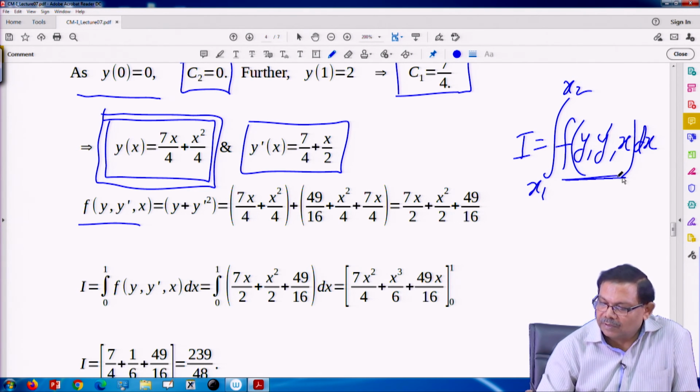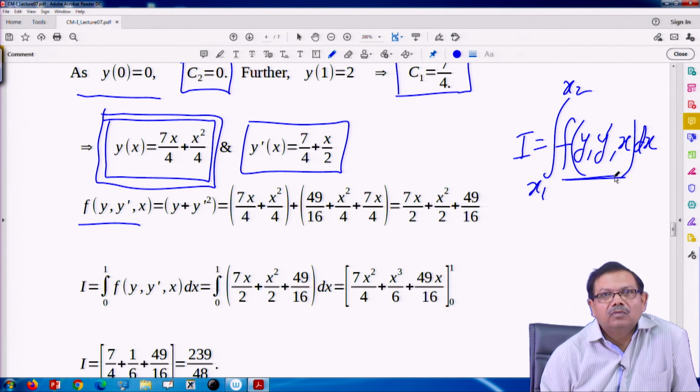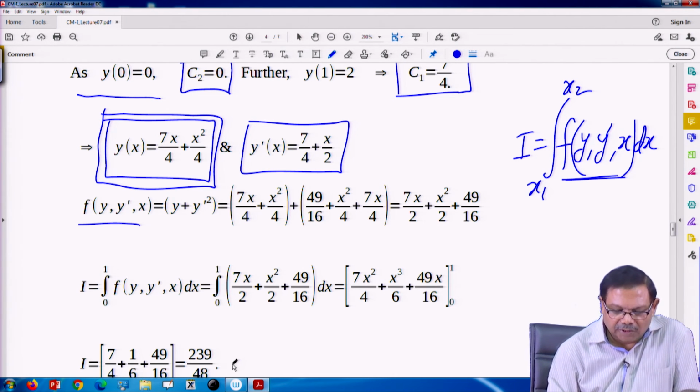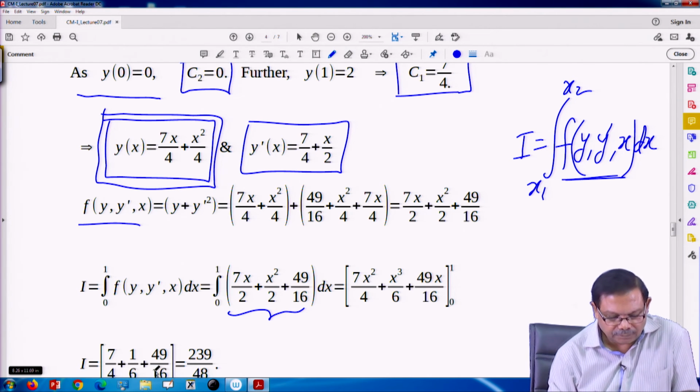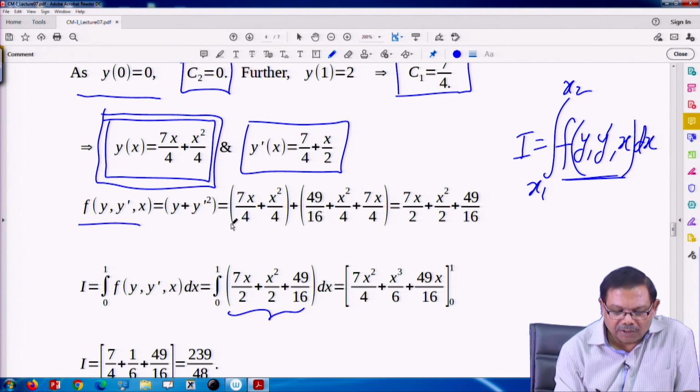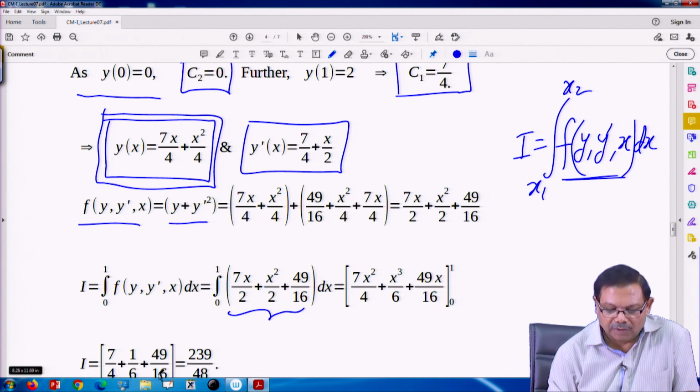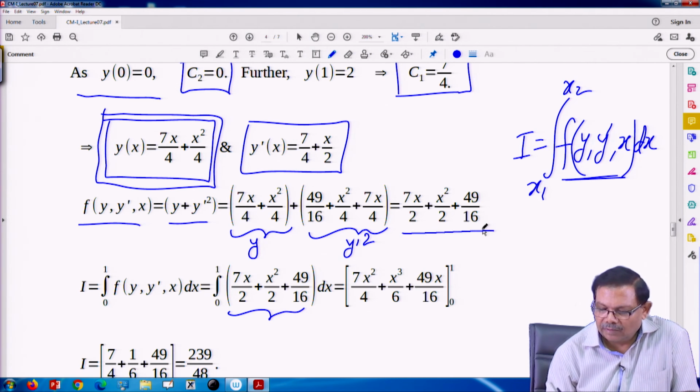This function was y plus y prime square. So, that is what we are doing. So, this was y, that is what we found out, and y prime square we can square that, and we simplify, we get this term here.